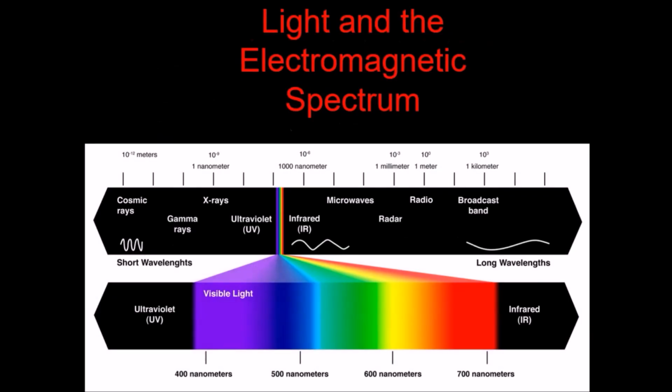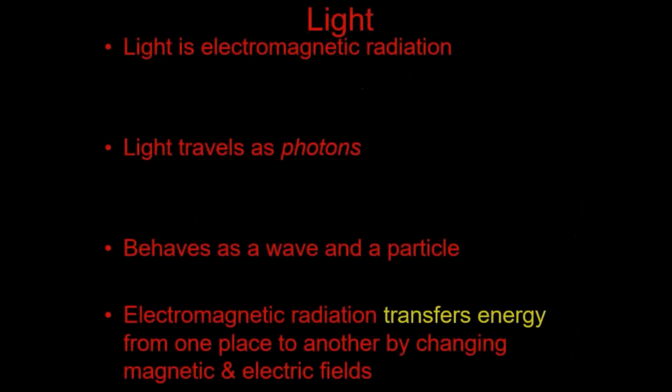So that characterizes light a little in terms of segueing from electricity into our discussion of light. But what about light itself, which is where we're going in terms of optics? As we've already said, light is electromagnetic radiation. Light travels as what we call photons.